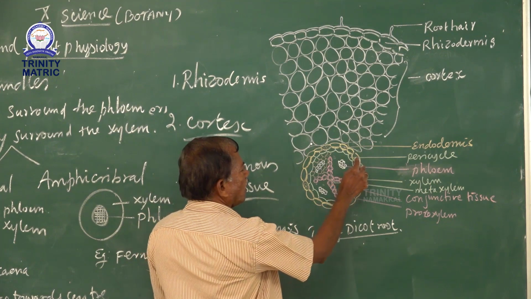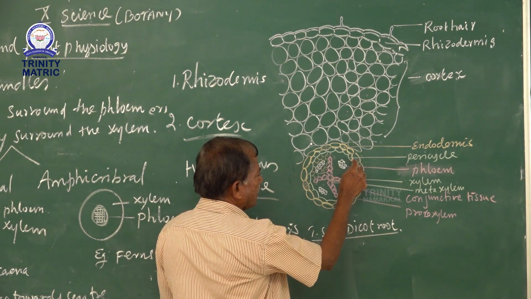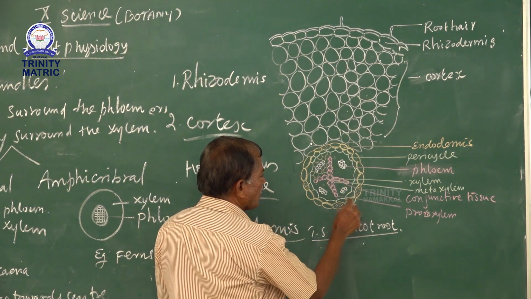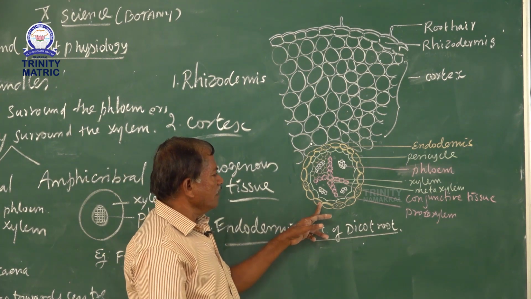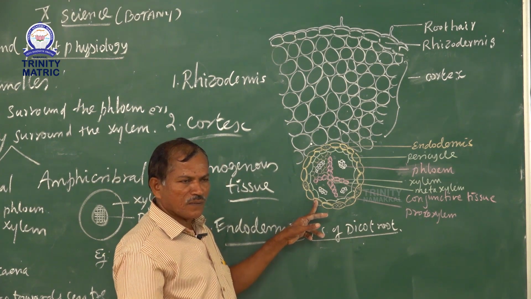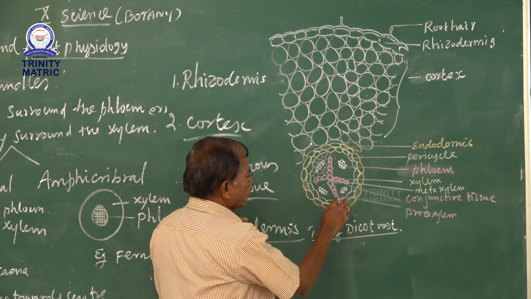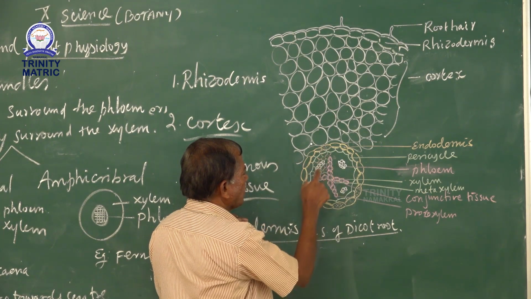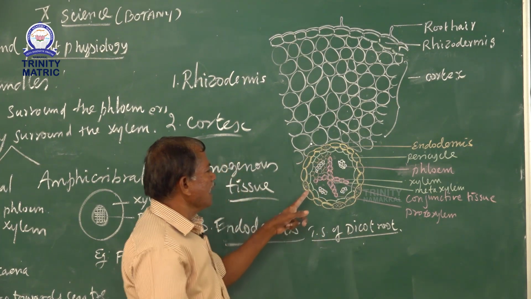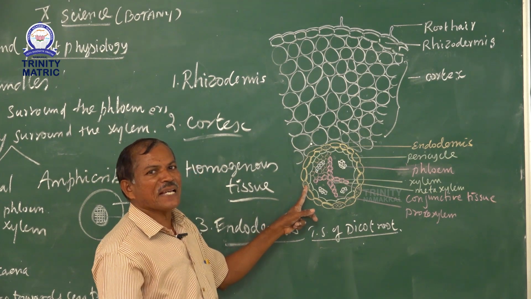The outer wall is thin, but the inner and tangential walls are thick due to the deposition of suberin. Opposite to the protoxylem, the absence of Casparian strips gives cells called passage cells.